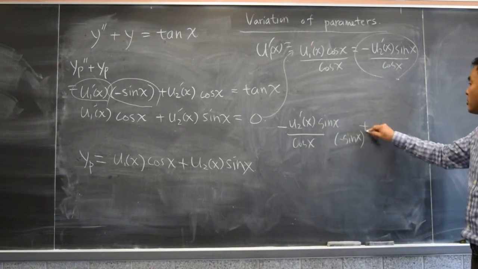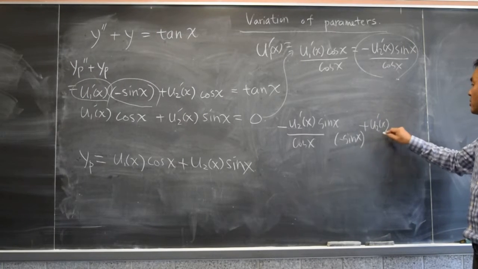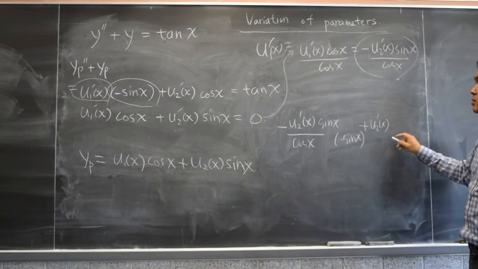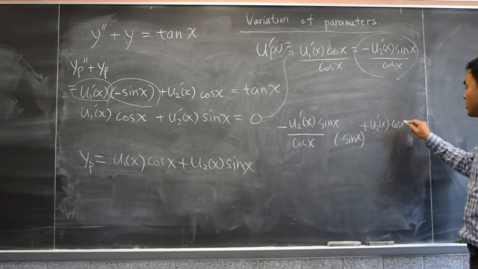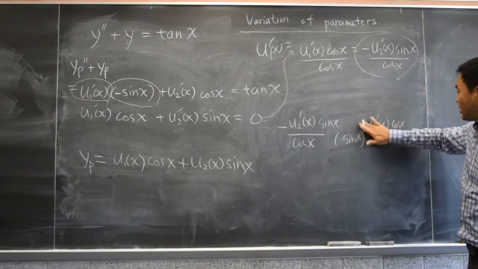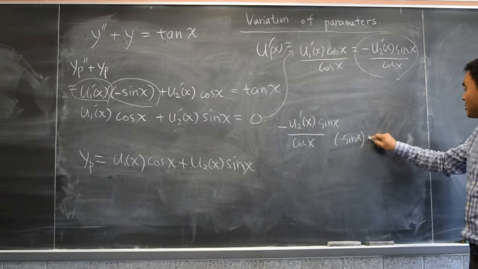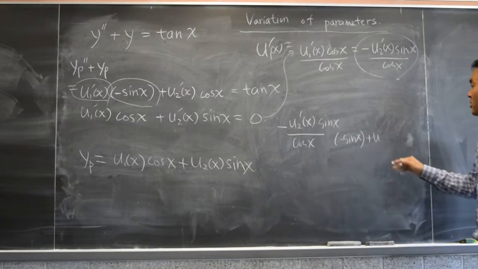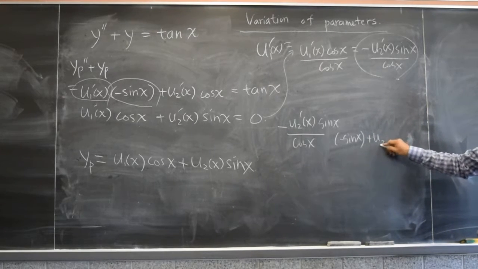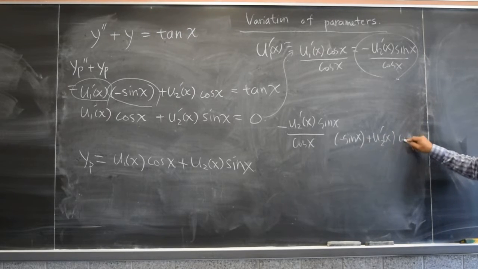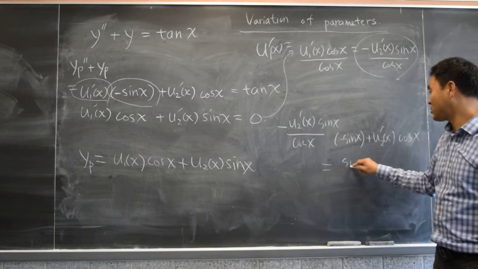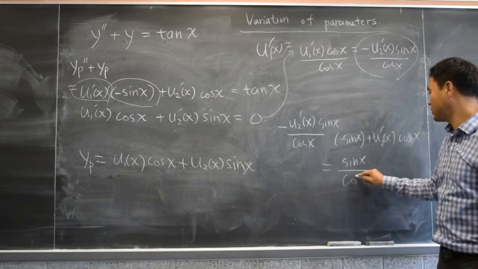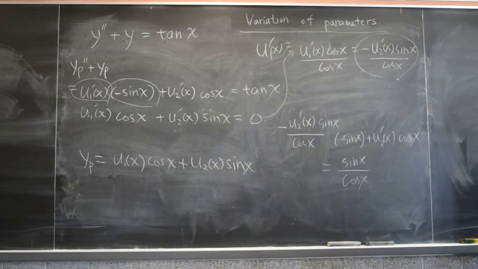And then plus u2 prime of x cosine x. I'm suffering from lack of spacing. Would it be so for you too? We got the same problem, okay?